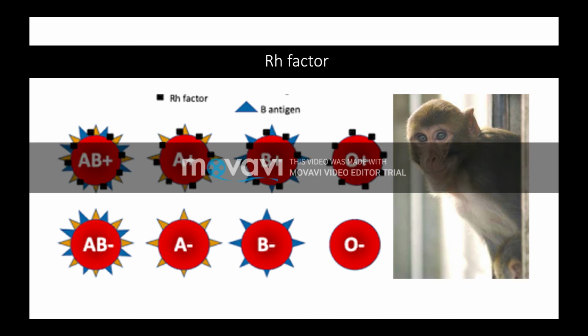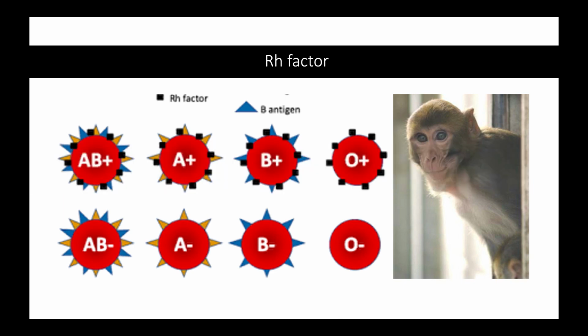Standard blood typing combines the ABO system with the rhesus system to create a more complete picture of your blood profile. That means that you could have one of these blood types.